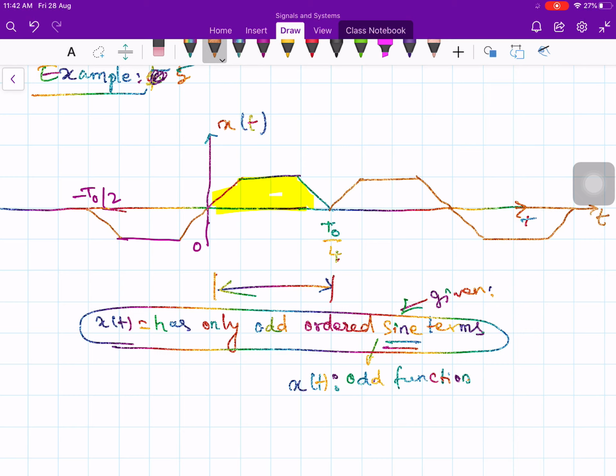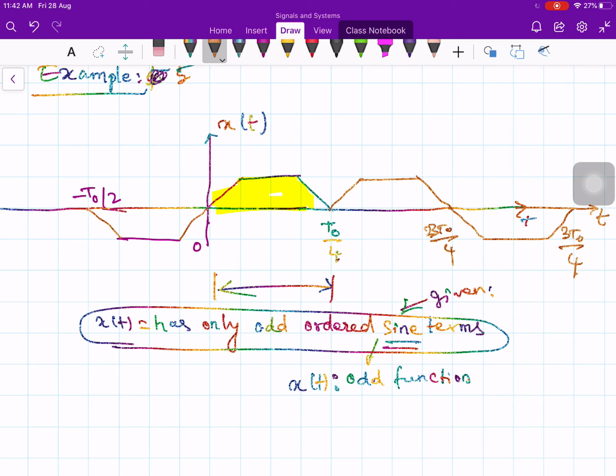So this is the complete cycle of the given waveform. Whatever sequence of values it takes in one half cycle is repeated with a negative sign in the subsequent half cycle. So this is minus T naught, plus T naught by 4, then 2 T naught by 4, and then 3 T naught by 4.